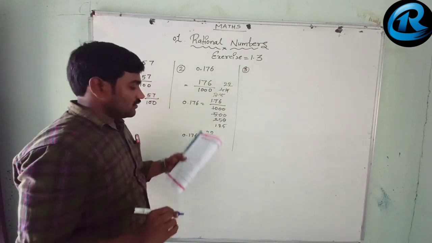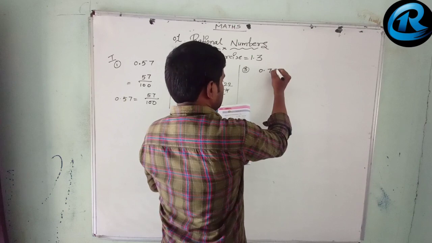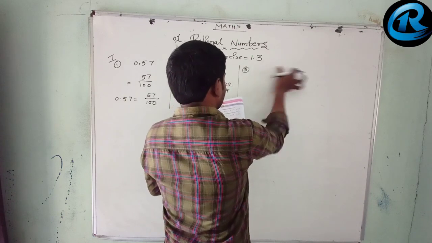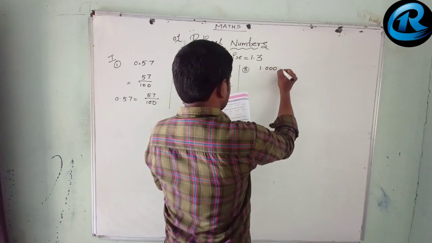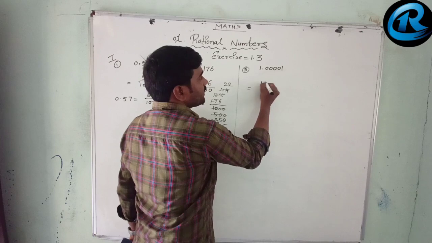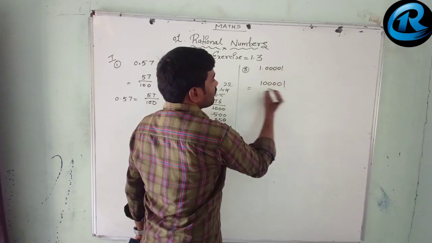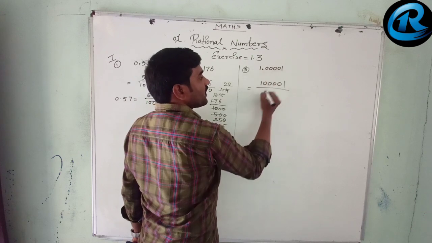Then question number 3, that is 1.00001. See, you write the complete number: 1 by, after the decimal point how many digits are there? 1 2 3 4 5.